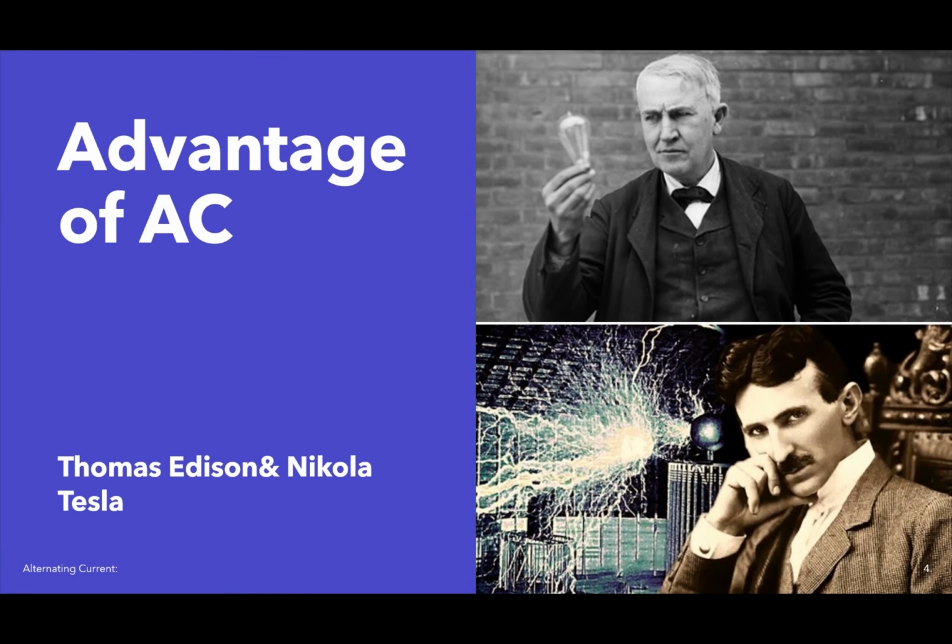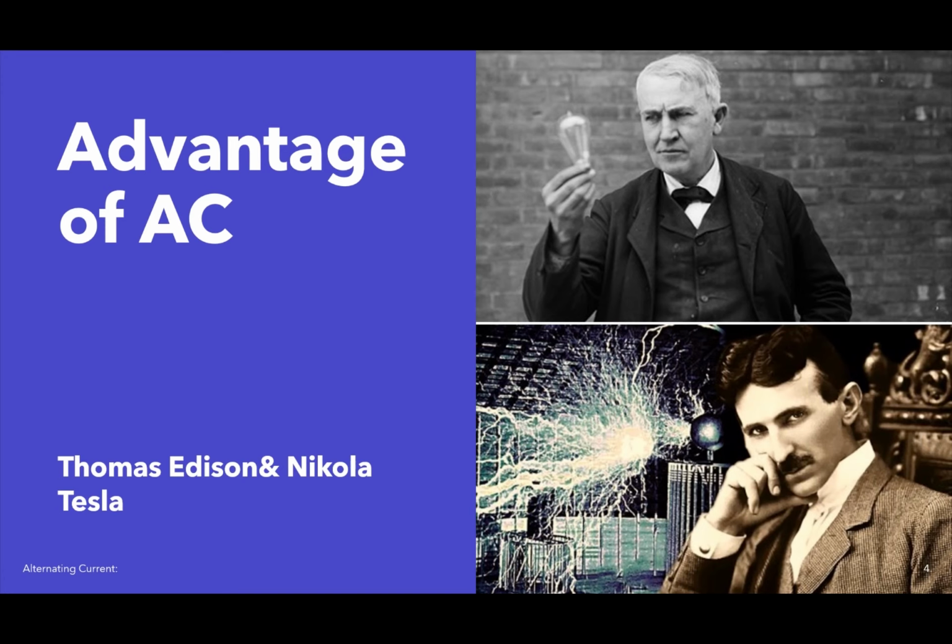In this slide, we will see the advantage of AC over DC. This is Thomas Edison, and this is Nikola Tesla. This guy is American born, and this is a Serbian immigrant from overseas.